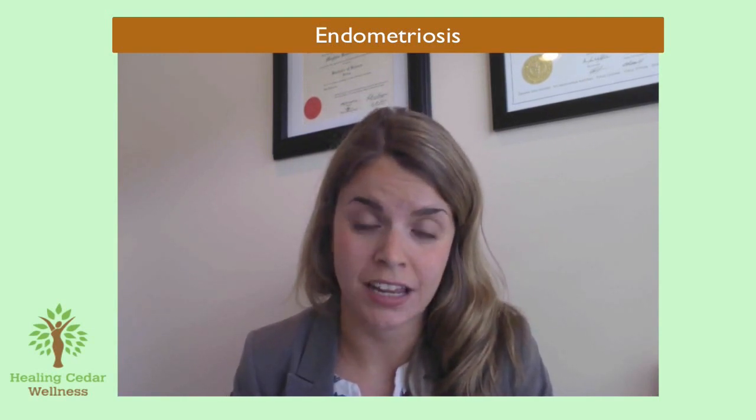So just like the endometrial tissue in our uterus, the endometrial tissue outside of our uterus will degrade and shed and bleed. Unfortunately, the endometrial tissue has no place to go outside of the uterus, so it will cause a lot of inflammation and swelling, scar tissue, and pain.